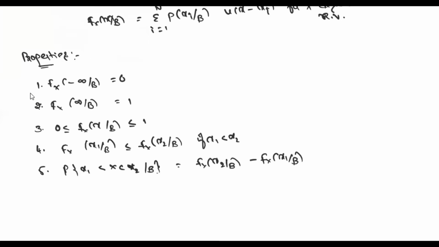Since it is a conditional distribution function, we have to mention the given event also, that is F_X(x2|B) minus F_X(x1|B). And the sixth one, F_X(x plus a small increment) you have to take as F_X(x|B). So these are the properties of the conditional distribution function.